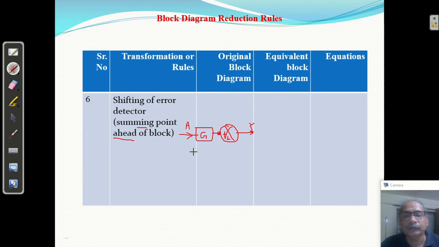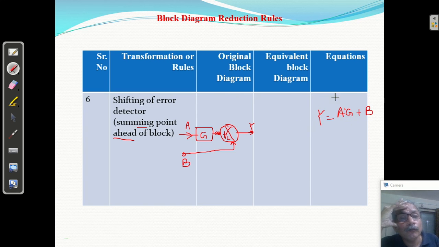Suppose B is there. Okay, what is the output? What will the output be? Here you get A into G, plus from here what will come? B. Okay, so this is the output you are getting.